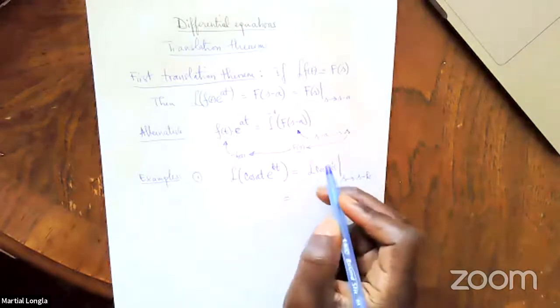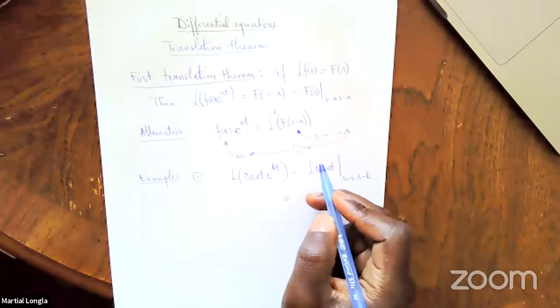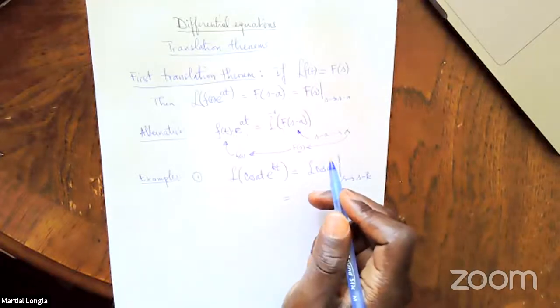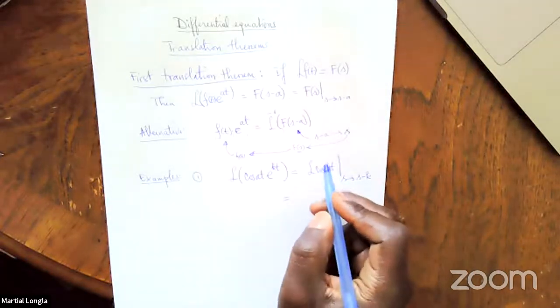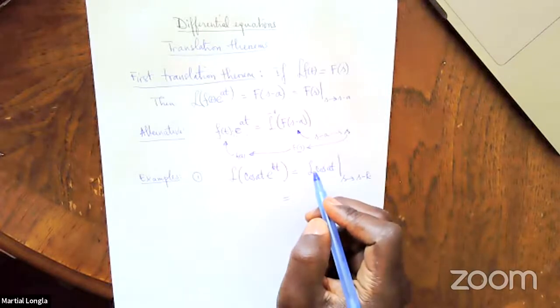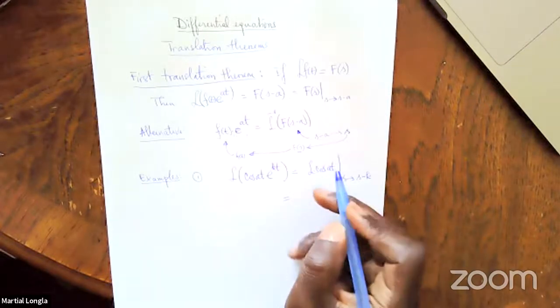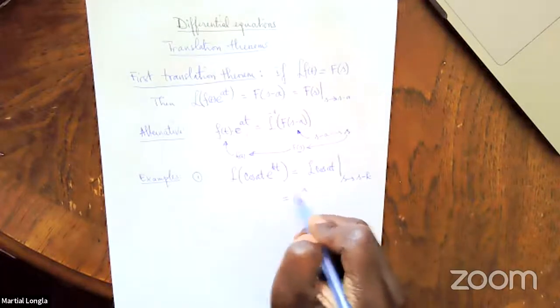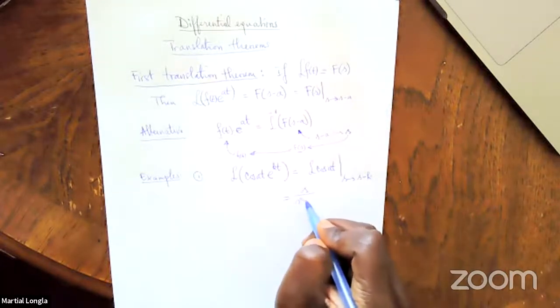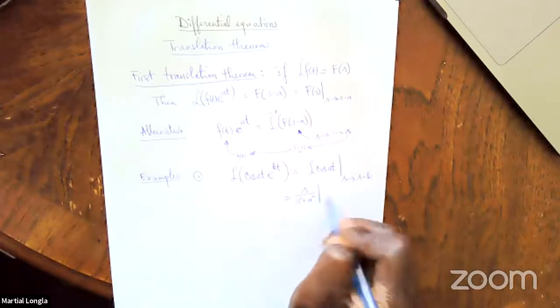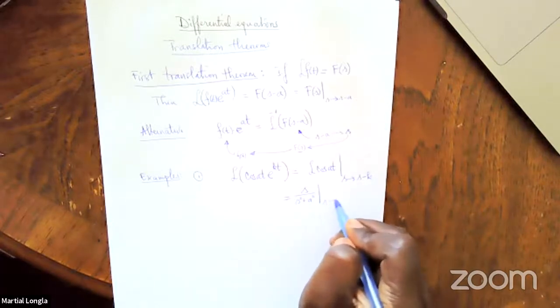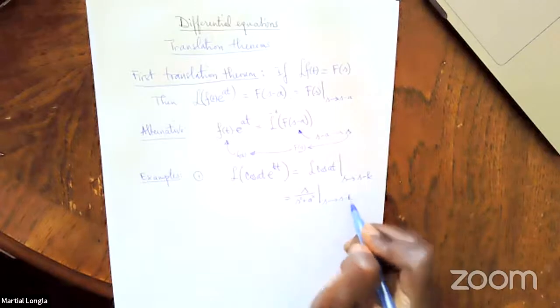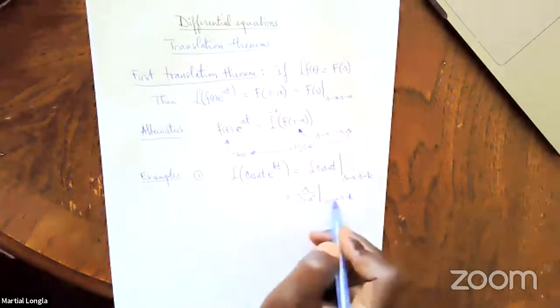What is it? Anyone to help? Isn't it s over s squared plus a squared? That's it. And this says replace s by s minus k. So you go into that formula and you replace s by s minus k.